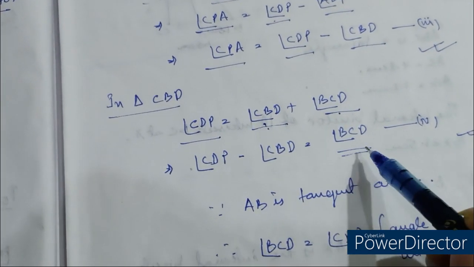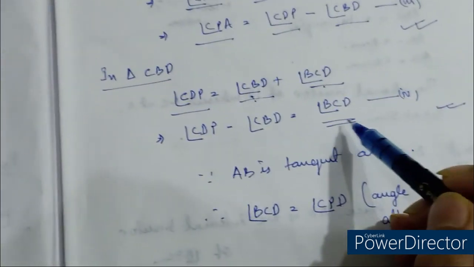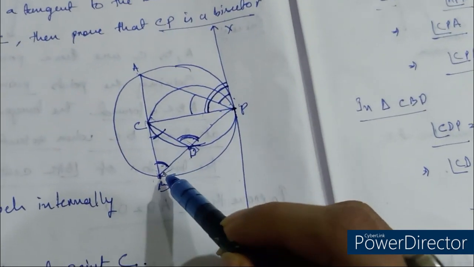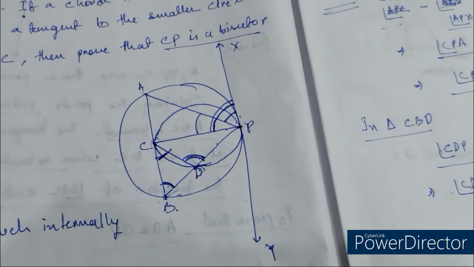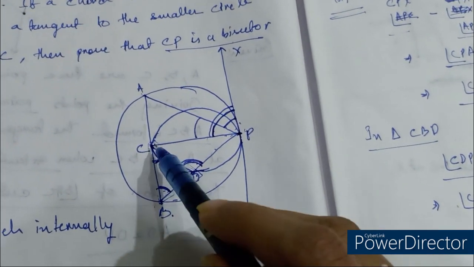This angle I took out: BCD is equal to CDP minus CBD.